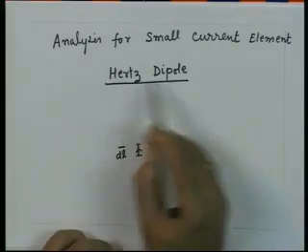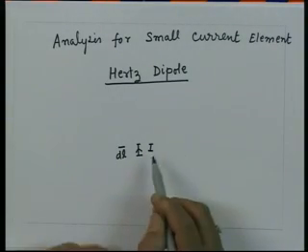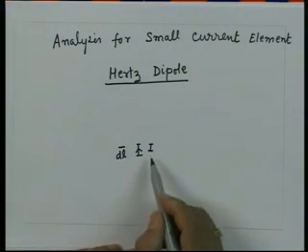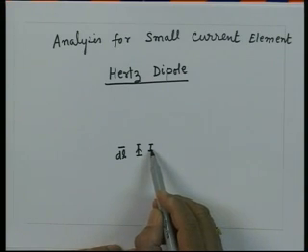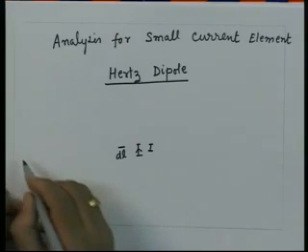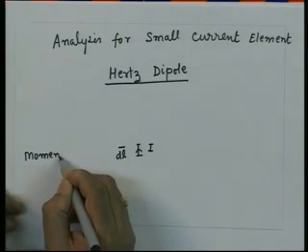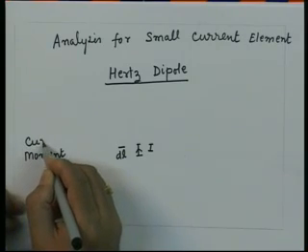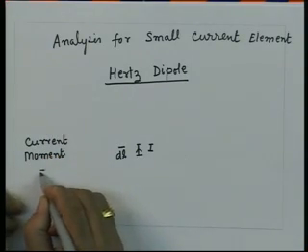So, a current element, also called a Hertz dipole, is characterized by what is called a current moment, which is the product of the current and the length of that element.